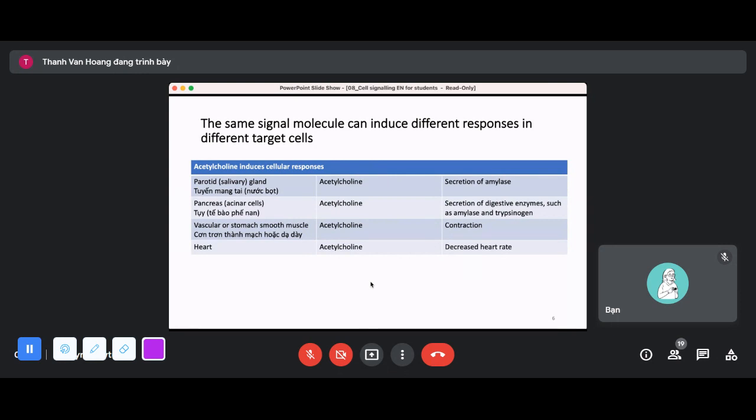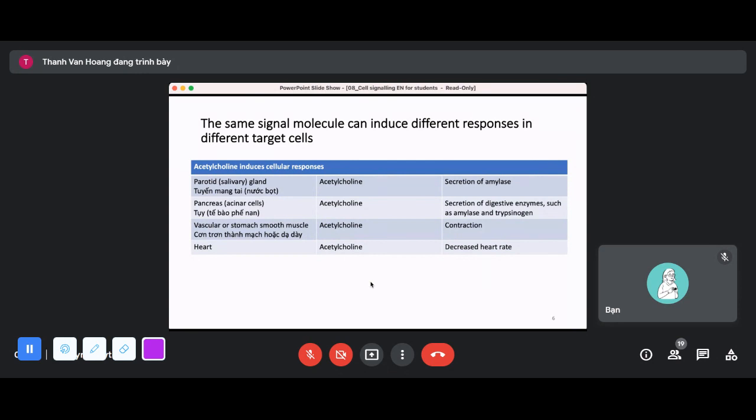Somehow through evolution, our body has been optimized to use the same messenger to coordinate different organs to do some functions, so they induce effects in different cell targets, and they can communicate and make our body whole.